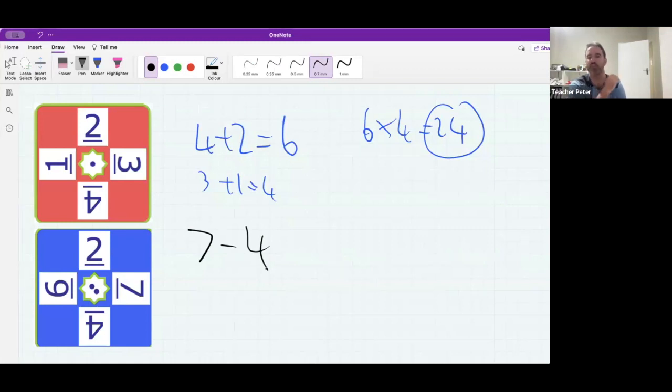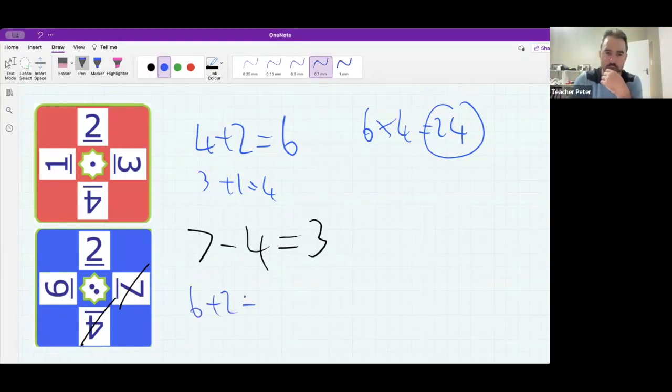So if you use the 7 and the 4, how would you get to 24 using that? So you use 7 and 4, but now all you need to do, and everyone else has got this, is 6 plus 2 is 8, and then 3 times 8 is 24.